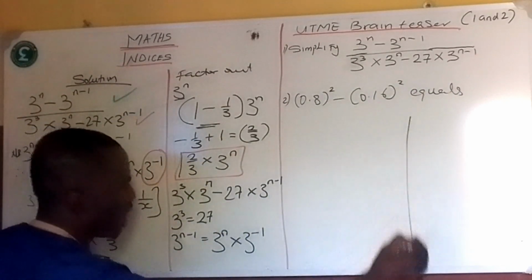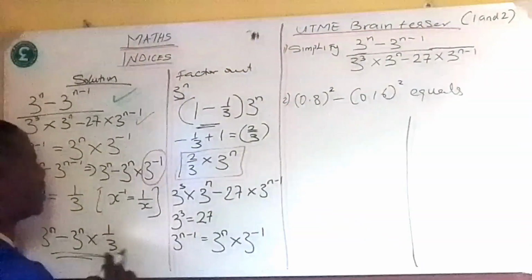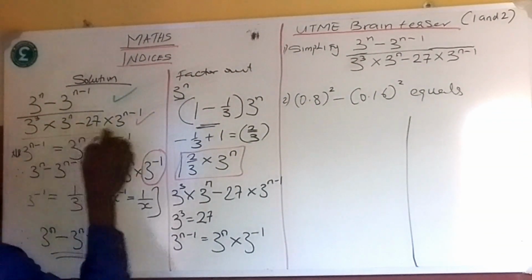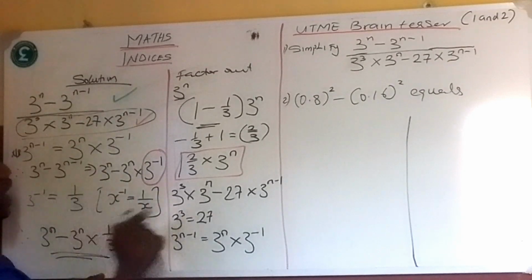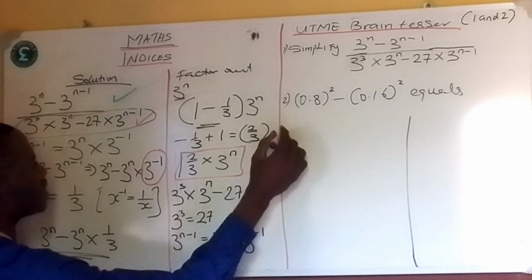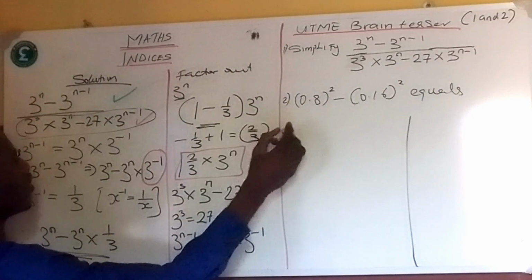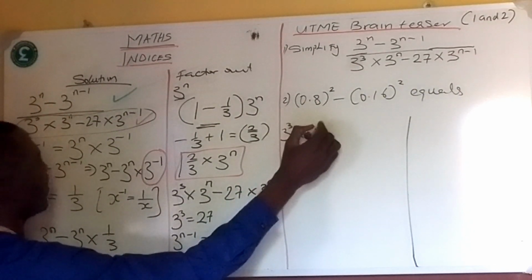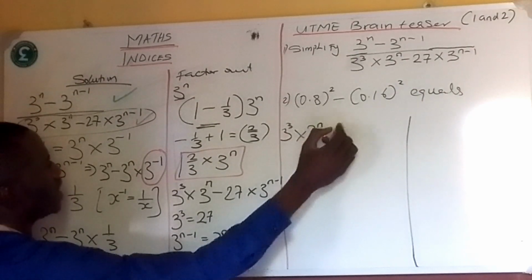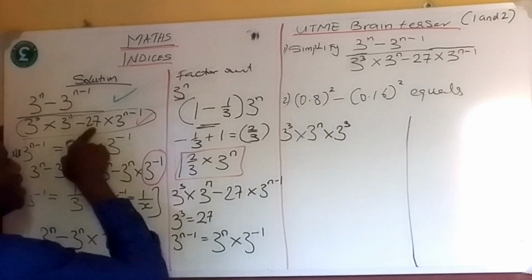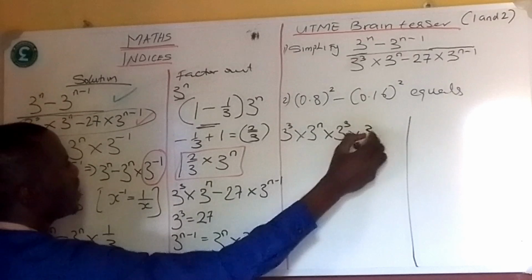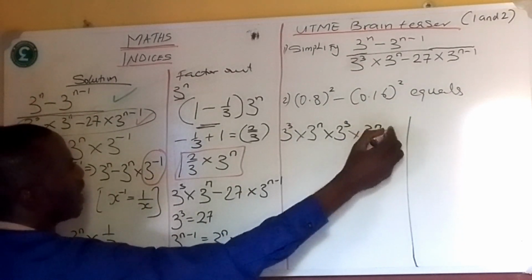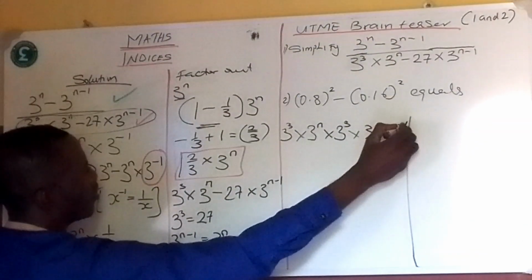So my new expression becomes 3 to the power of 3 times 3 to the power of n minus 3 to the power of 3 times 3 to the power of n times 3 to the power of minus 1.